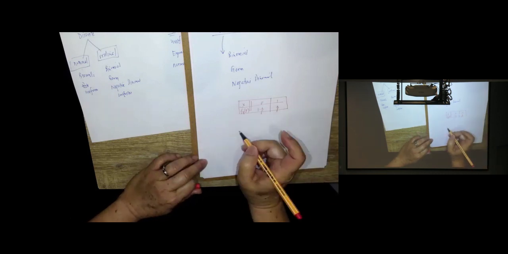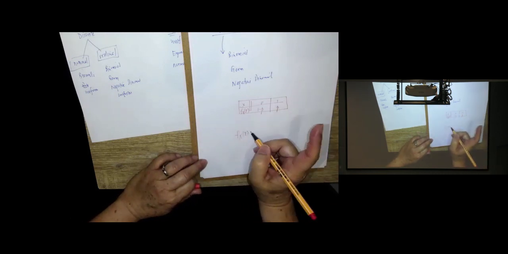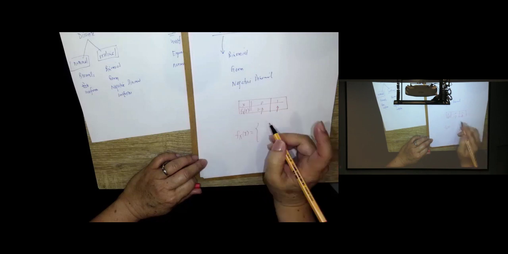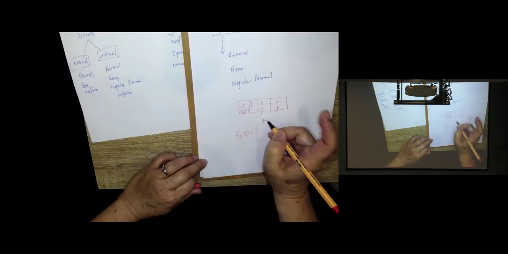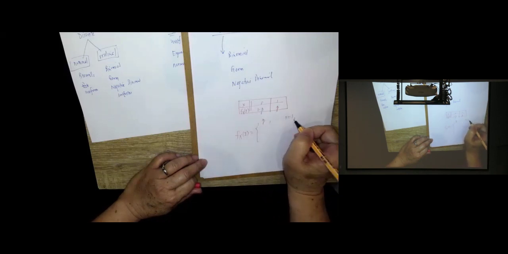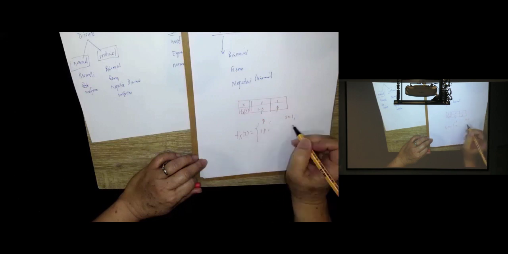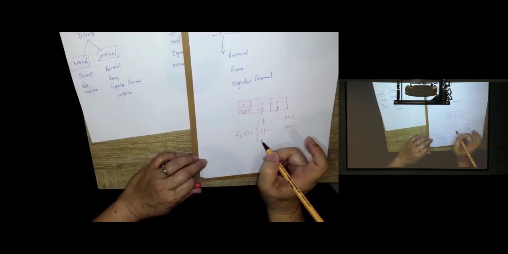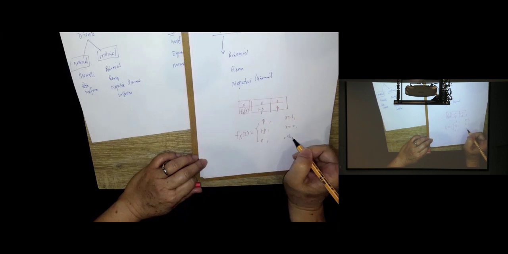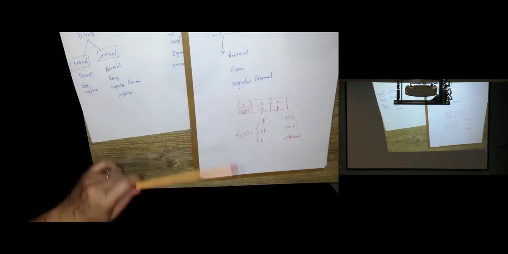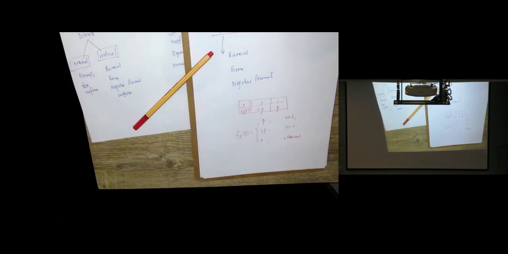Or another way, I think the table takes up less space: equal to P when x is equal to 1, 1 minus P when x is equal to 0, and 0 otherwise. All right, so we can write it this way.